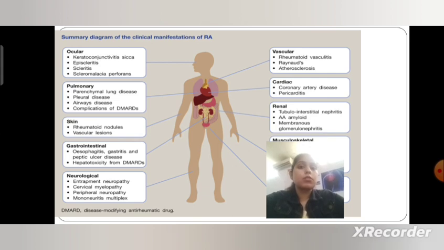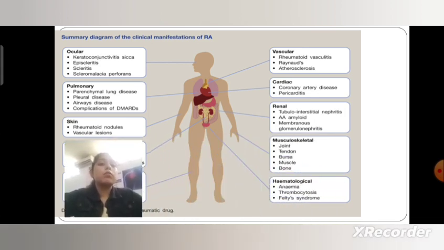Skin can include rheumatoid nodules and vascular lesions. Next system is gastrointestinal. It can be esophagitis, gastritis and peptic ulcer disease. And next is neurological. Neurological includes entrapment neuropathy, cervical myelopathy, peripheral neuropathy and mononeuritis multiplex.